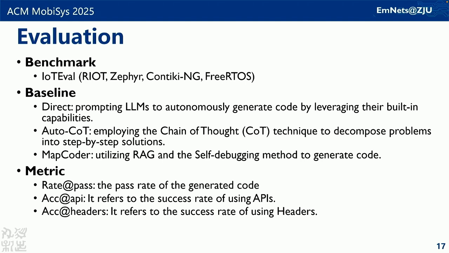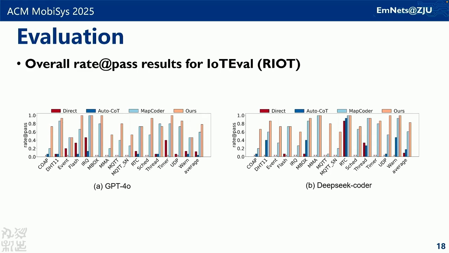Our evaluation metrics include completion pass rate and generation accuracy for the APIs and the headers. On the IoT platform, we tested with GPT or DeepSeek Coder. We found that IoTPilot shows significant performance improvement in applications.